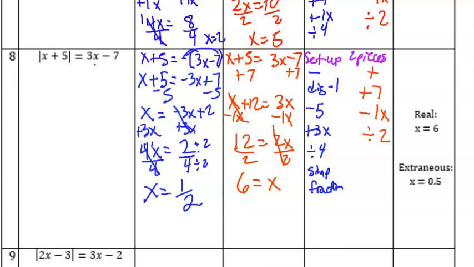Now notice there is a variable on the outside. So that means we have to check for extraneous. So let's check the negative solution first to see if it's true or false. So we have the absolute value of 1/2 plus 5. Is it equal to 3 times 1/2 minus 7? 5 is the same thing as 10 over 2.